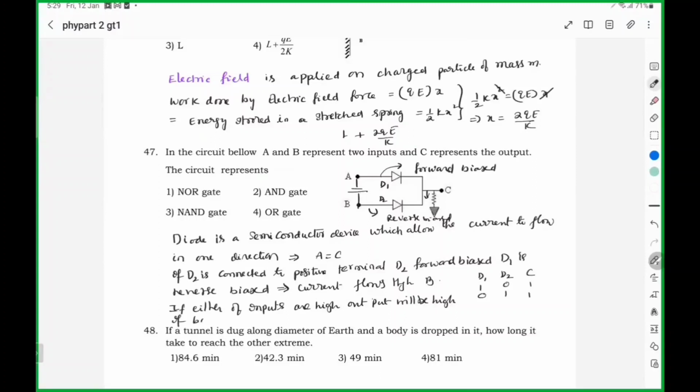If both inputs are low, so diode won't conduct. And output is low. So it behaves like an OR gate.